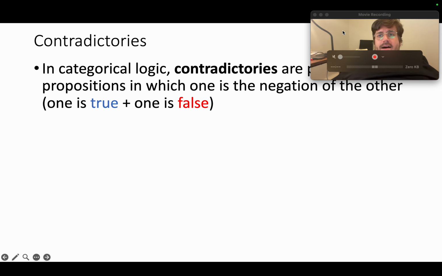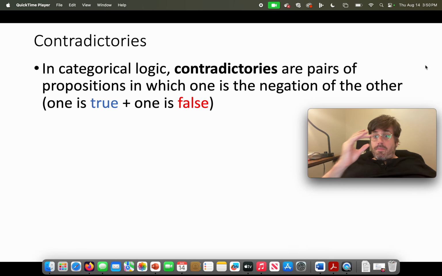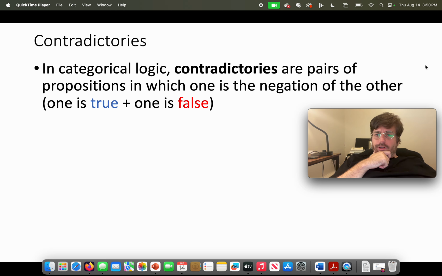So let's have a look at what contradiction means. We probably have an understanding of the meaning of contradiction in everyday life. Contradiction usually means something like conflict or opposition. Usually we mean that sentences are contradictory if they both can't be true, and that's pretty close to what they mean here in formal logic.